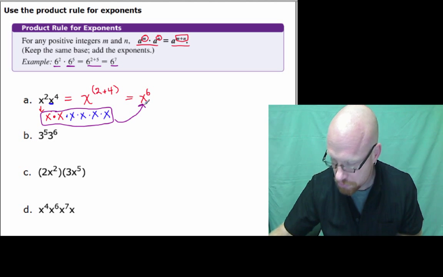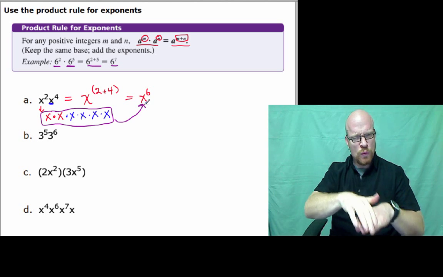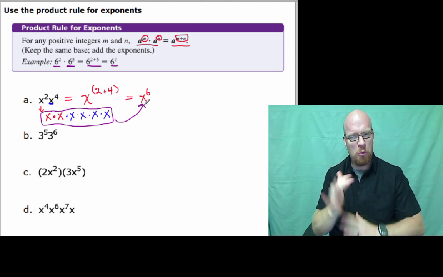So we showed it in expanded form and in shorthand form, I guess you would say. My writing tool is not writing very well today, but we're getting through.